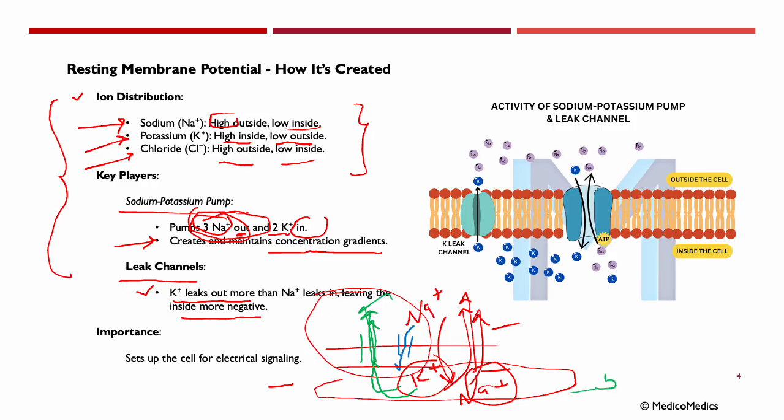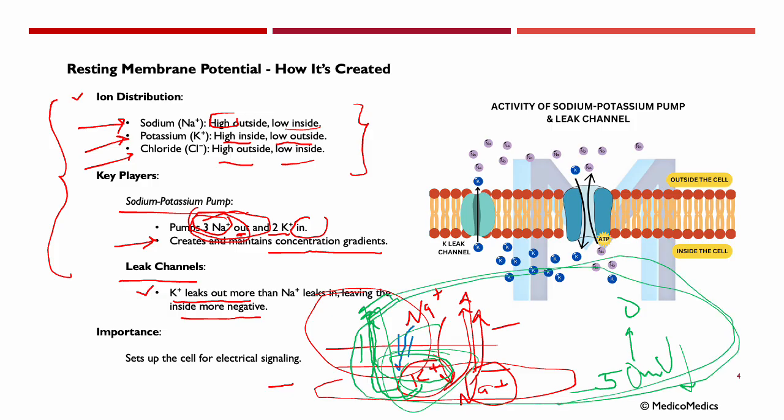Let's say we already have minus 50 millivolts, and now potassium leaves as well. Well, we're losing something with a positive charge, so we're going to get further negative. So all of this aids in keeping the inside of the cell more negative.